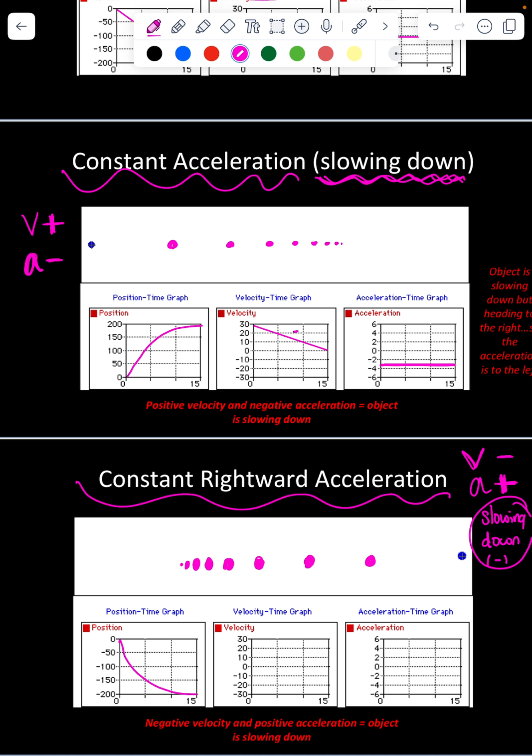We know that we are slowing down, so that means that our line would be going towards 0. So it is a straight diagonal line going towards 0. And here we have a positive slope, so that means that we are going to have some positive constant acceleration over there.